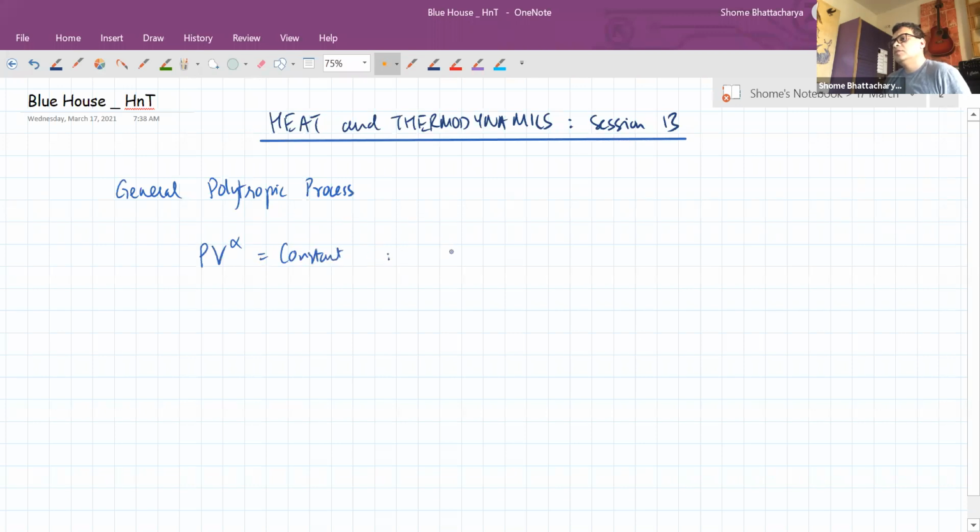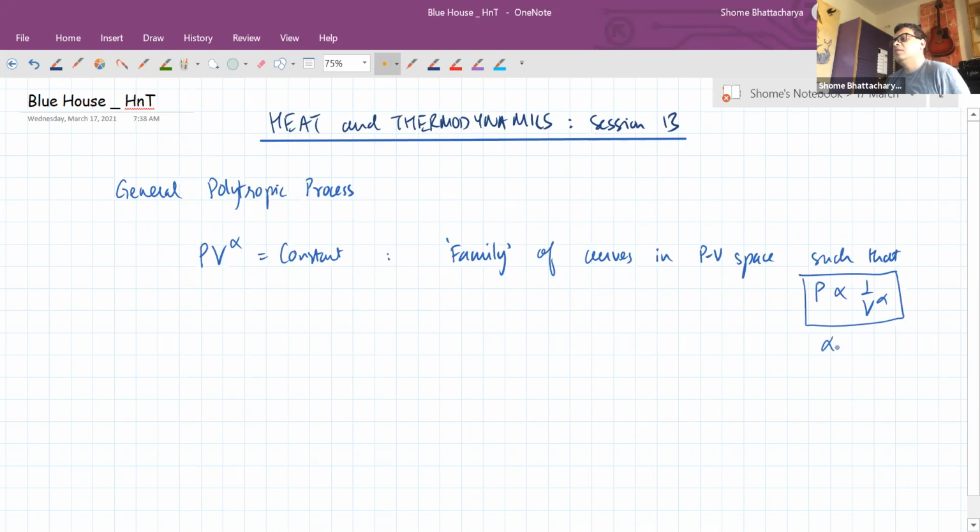So, it is a family of curves in the PV space, such that P is proportional to 1 by V to the power alpha, where alpha is any real number.